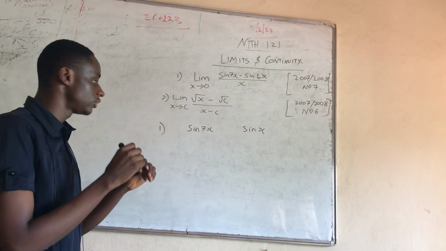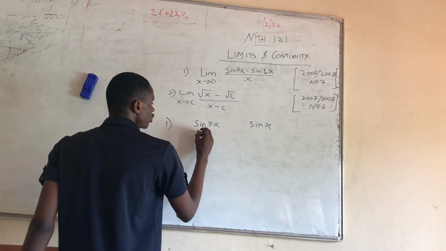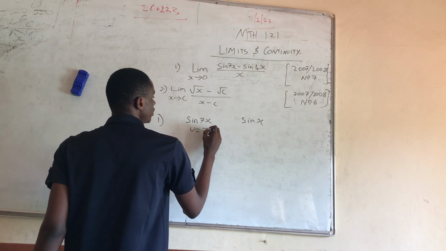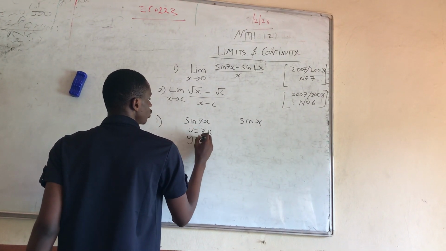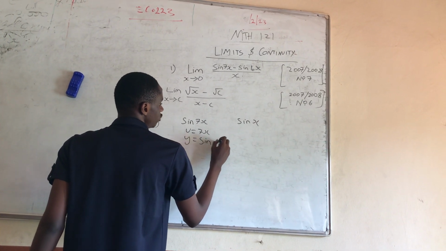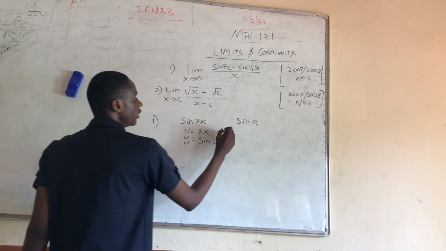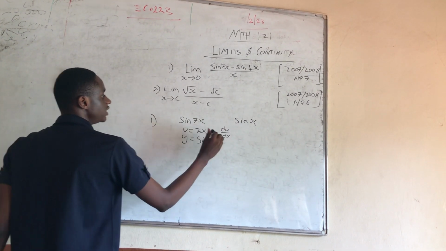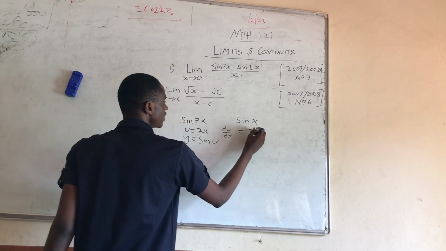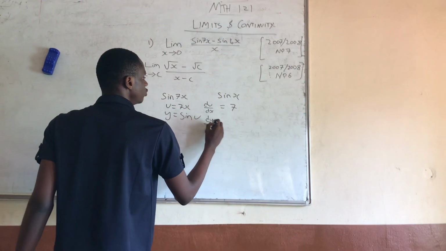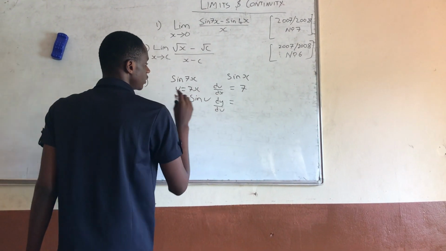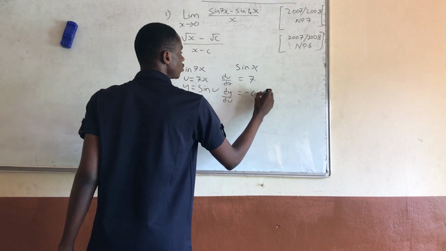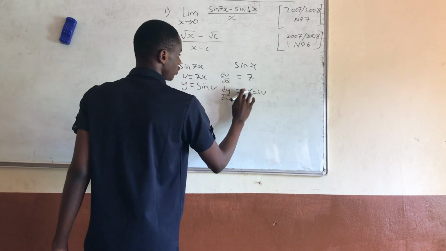Very simple: put u equals 7x, y equals sin u. Find du/dx from this: du/dx equals 7, and dy/du equals cos u.